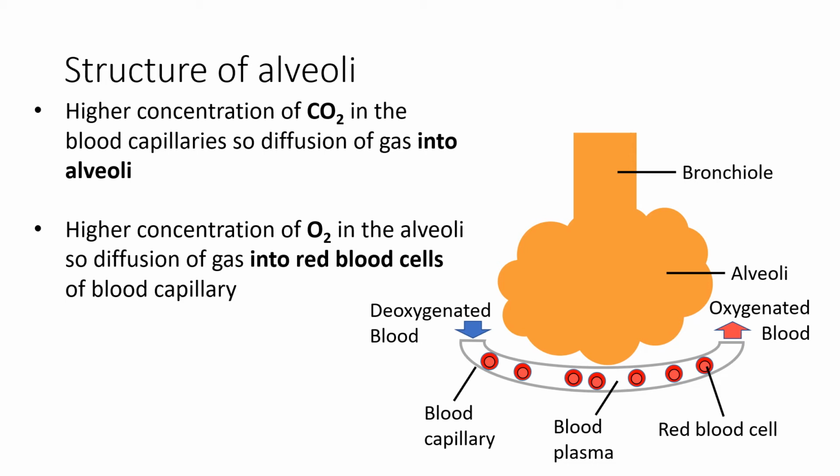And that's an important thing to remember. When you are given a diagram in the exam, if it says draw an arrow to show the movement of oxygen, you have to show that it goes from the alveoli into a red blood cell. It's not enough to show it going into the blood capillary. It has to be literally the arrow going into the red blood cell.